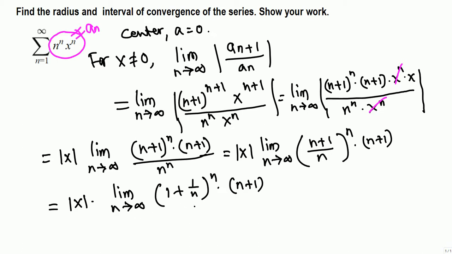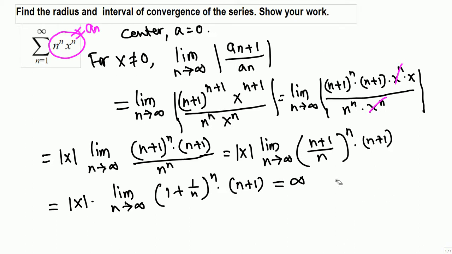If we just consider this part, (1 + 1/n) to the n, when n goes to infinity, this would be e, just e, an irrational number about 2.7. But when n goes to infinity, this other part is infinity, so whatever is here, the whole thing is in fact infinity. This limit does not exist, so it will be infinity.